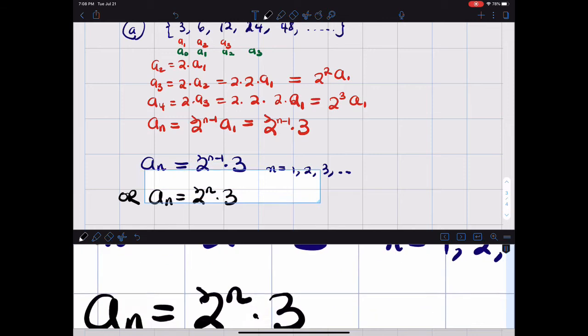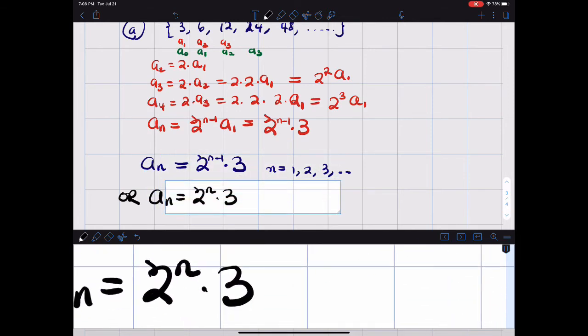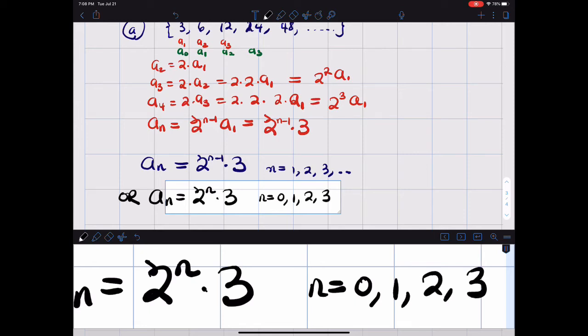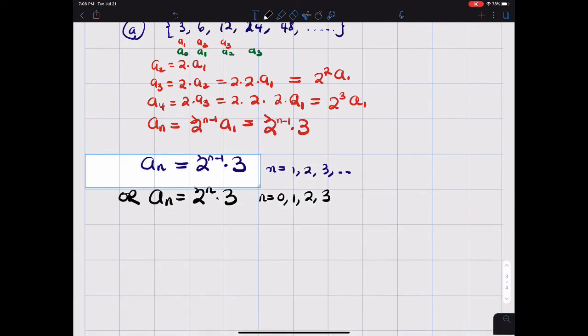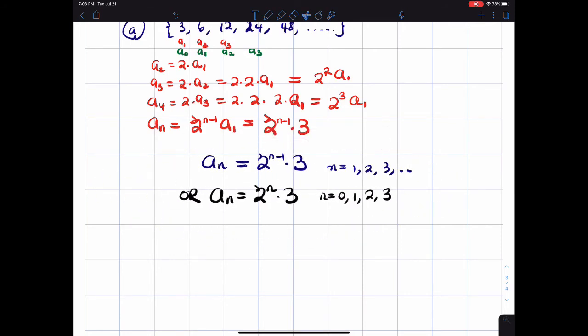This is when you start with 0. So we can start our sequence with any subscript we want. We can start with 0, but it's usually customary to start with 1. It's usually easier, let's put it that way. So this is an explicit formula.